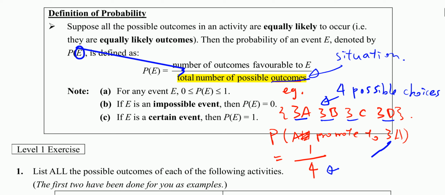And if we want to measure a certain event, a certain situation, we want to count the number of outcomes which are favorable, that is, satisfied.